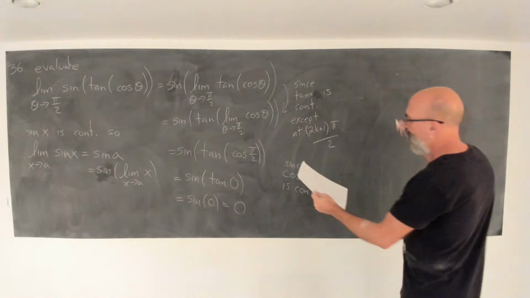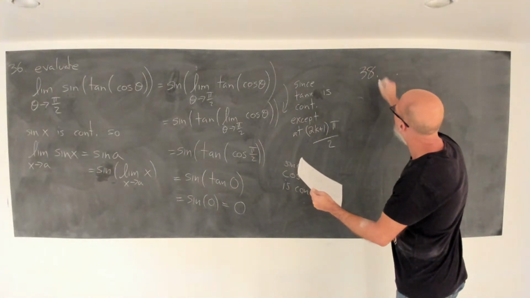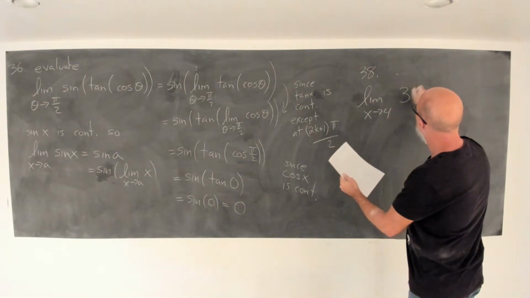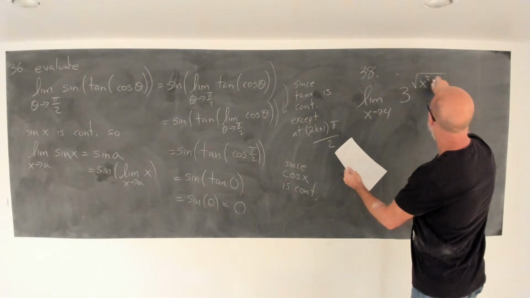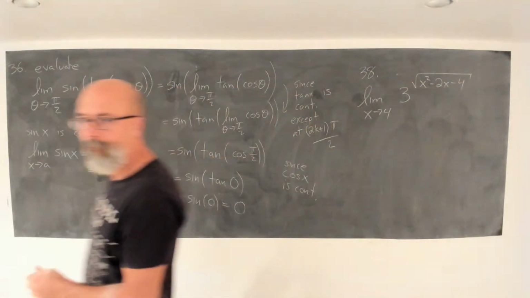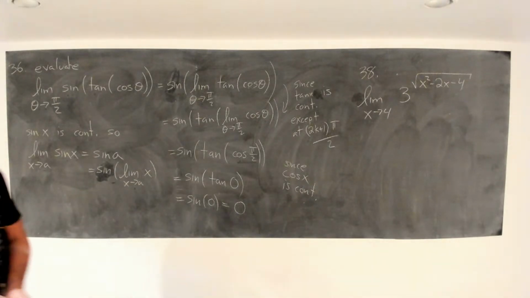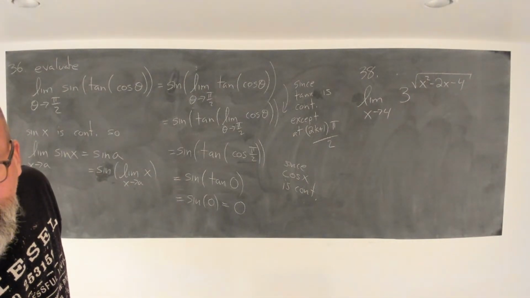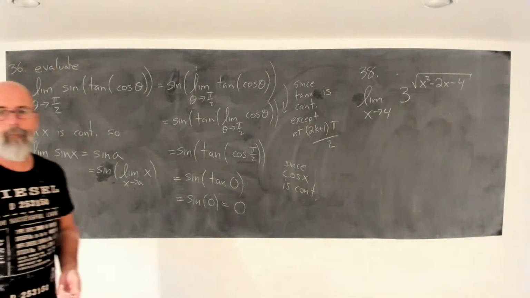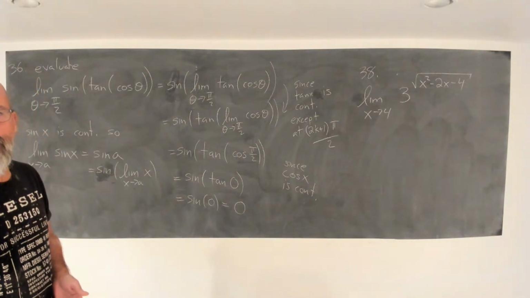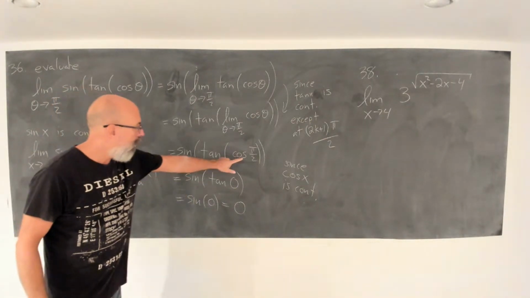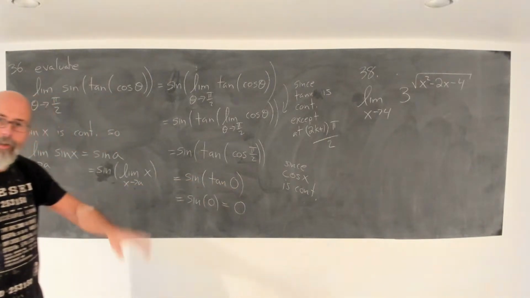Let's try another. Can we go over why it became this? Well, cosine of pi over 2 is 0. And that's it.